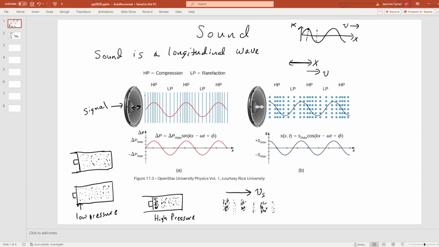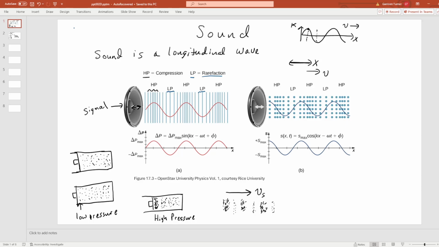So we call the regions of high pressure compressions, and the regions of low pressure we call rarefactions. So as this wave of pressure is propagating through the air, this is sound.